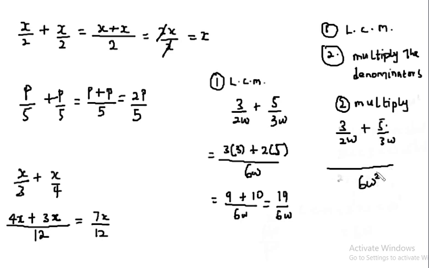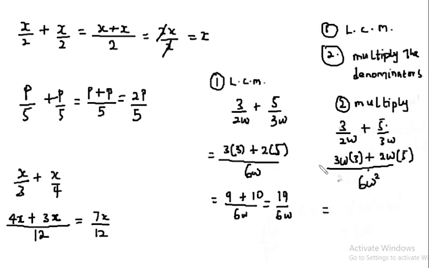Since we have 6w squared divided by 2w, that's 3w times 3. 6w squared divided by 3w, this is plus the sign here, is 2w times 5.